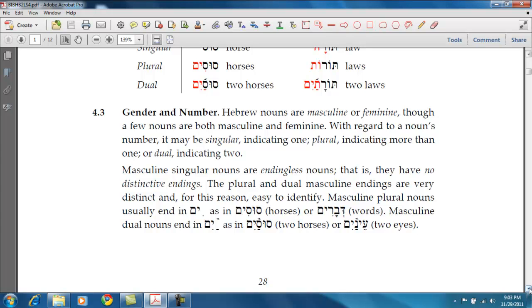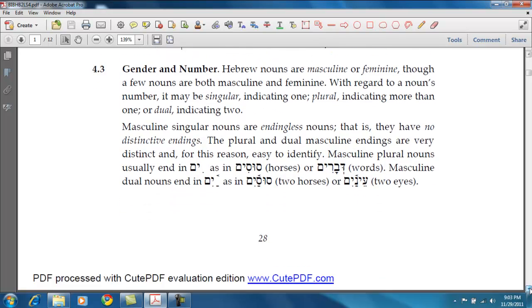The plural and dual masculine nouns are very distinct, and for this reason we identify masculine plural nouns usually as Hireq Yod Mem Sofit, or final Mem, as in susim or devarim. Masculine dual nouns end in Patach Yod Hireq Mem, as in susayim or enayim, two eyes, two horses. So those things in the highlights are fairly simple to learn.